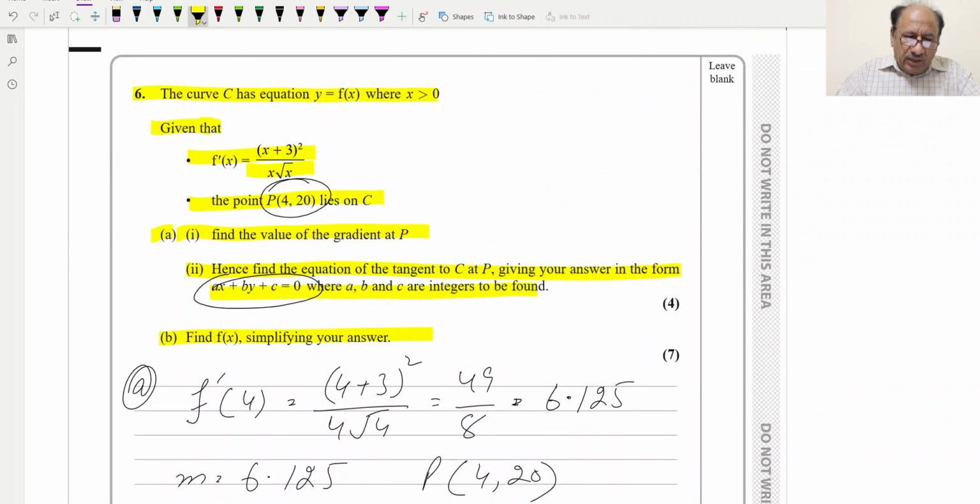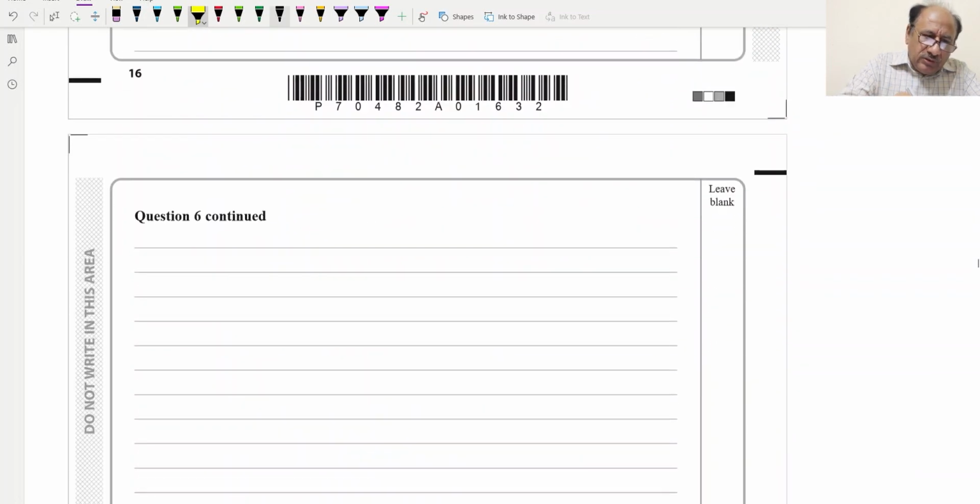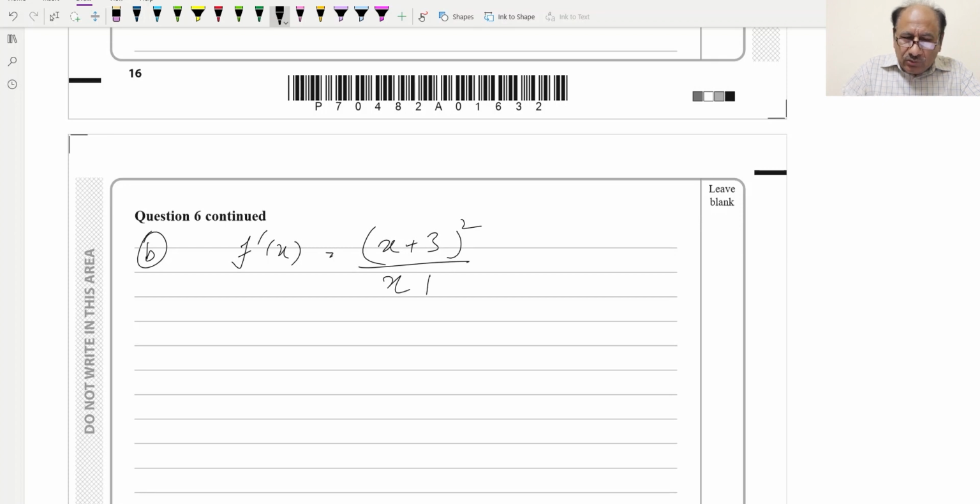So f dash of x is equal to (x plus 3) squared over x root x. Now we can open the square, so it will be x squared plus 9 plus 6x.